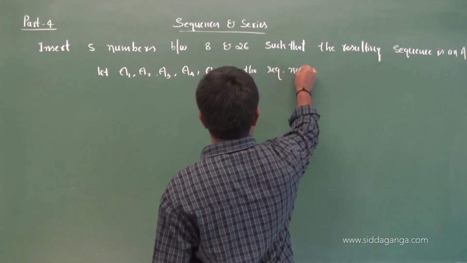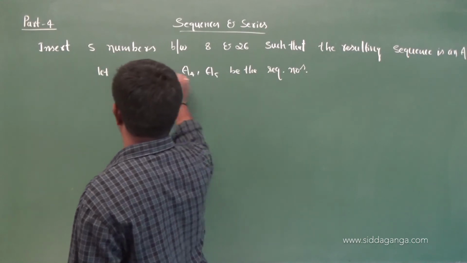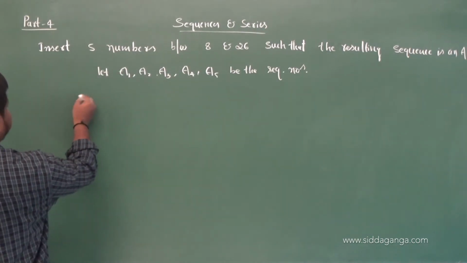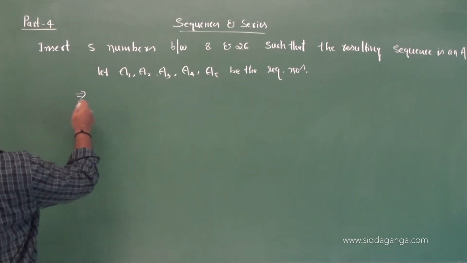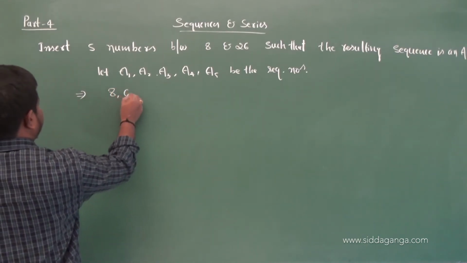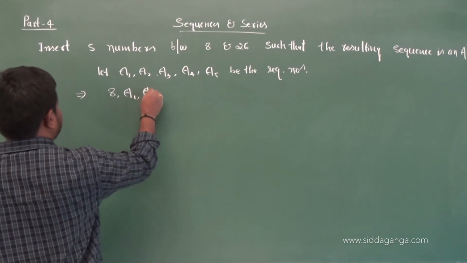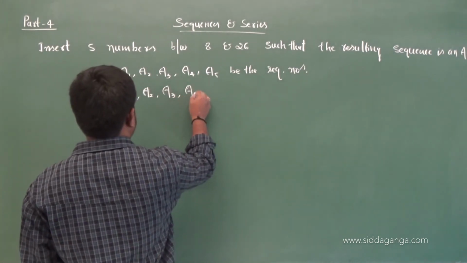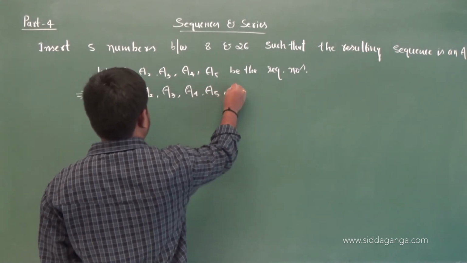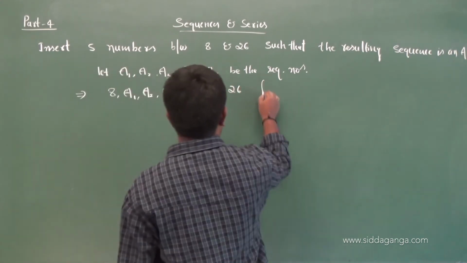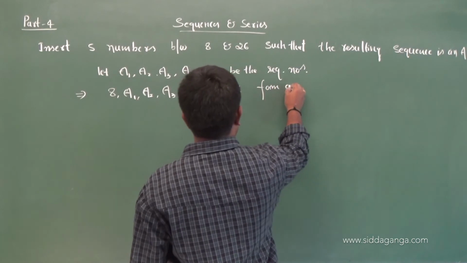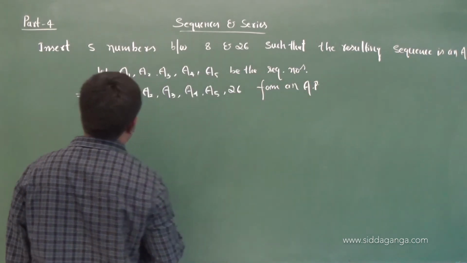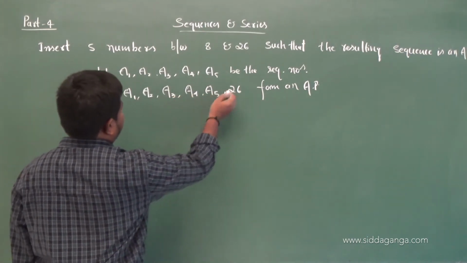These must be inserted such that 8, A1, A2, A3, A4, A5 and 26 form an AP. Now you have to find these elements A1, A2, A3, A4, A5.